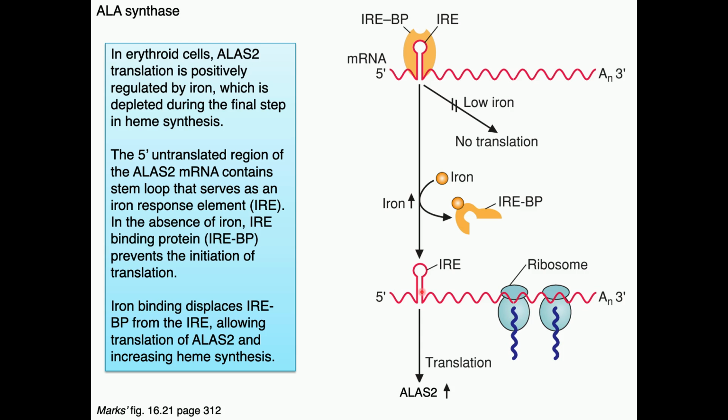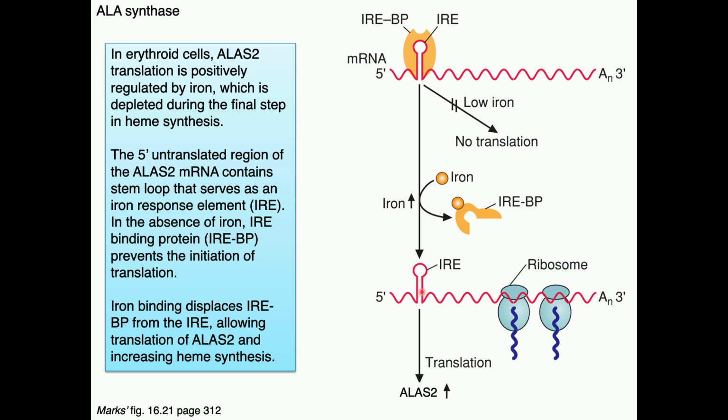Okay, so with respect to the ALAS2 expression, once the transcript is generated, there are hairpin structures in the 5' end of the mRNA that are called iron response elements because they bind to a protein called the iron response element binding protein.